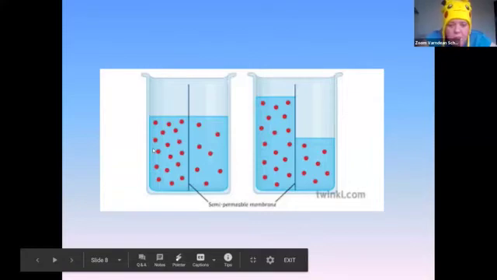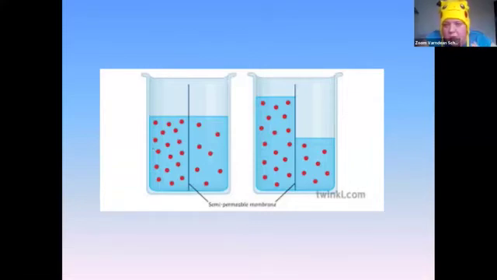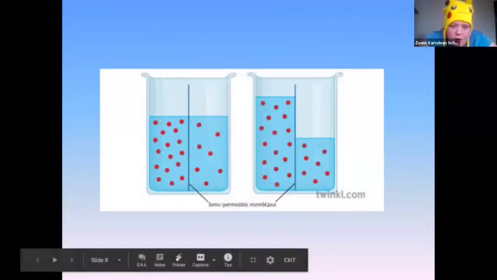So diffusion can be the movement of smells and dyes and anything that can move that's in a liquid or a gas, but osmosis is purely about water, okay? It follows the same principle, so it's from an area of high concentration to an area of low concentration, and it's the movement of water. And the key other thing with it is it's got a semi-permeable membrane.